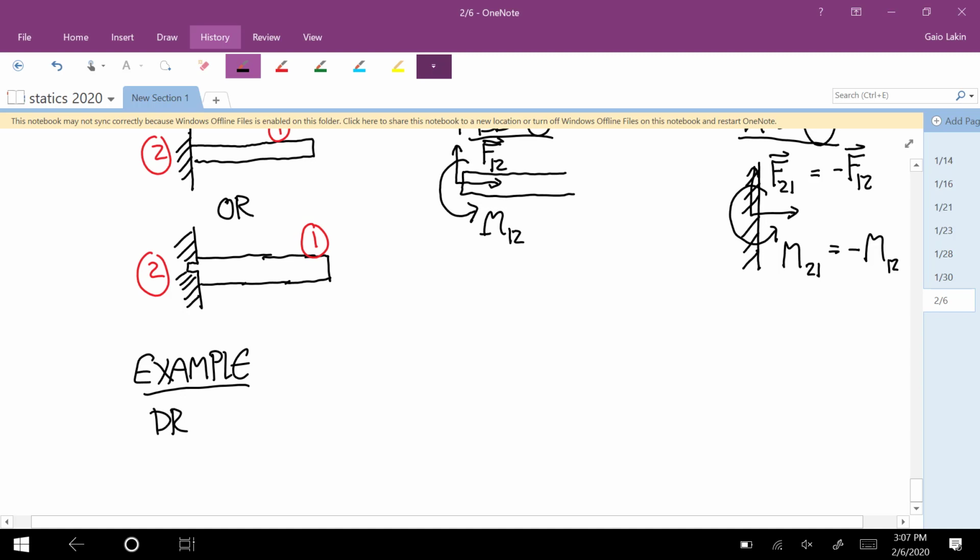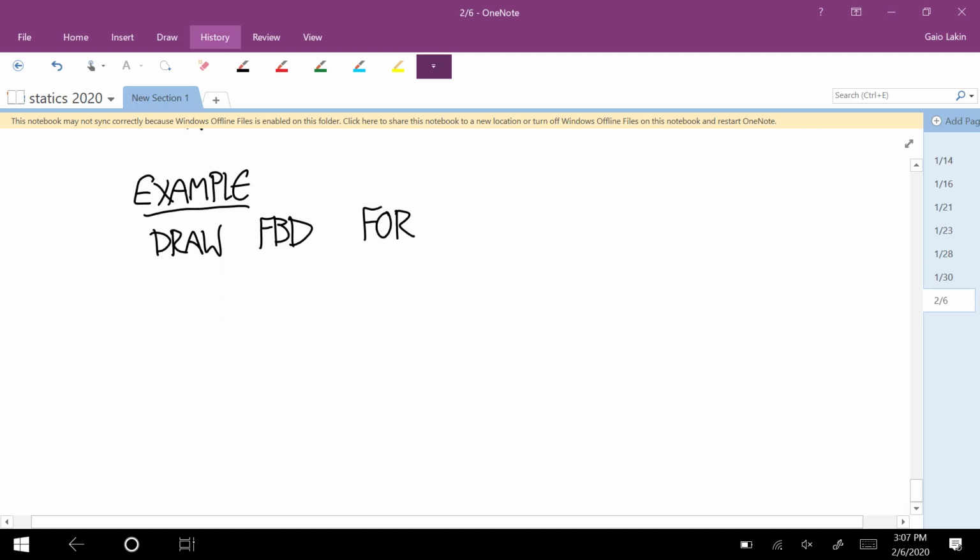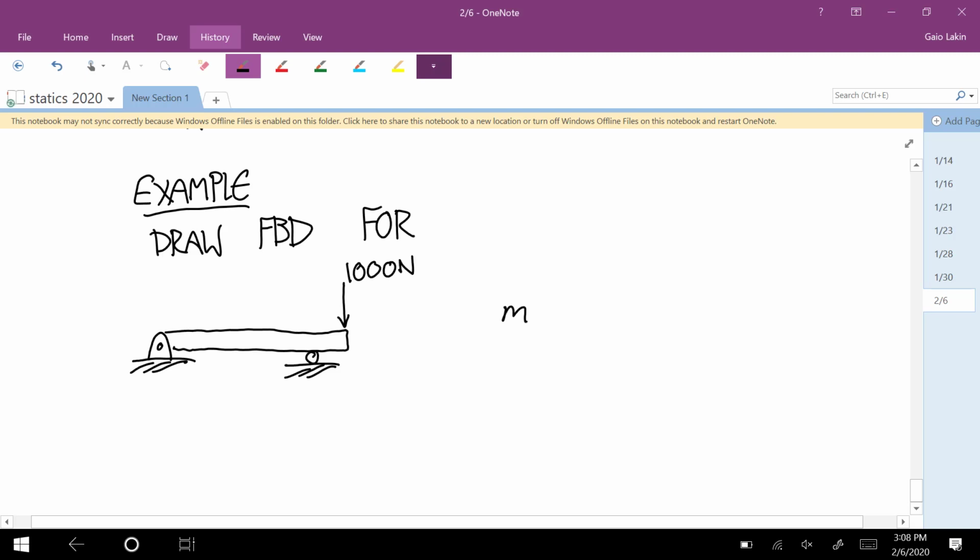So let's draw a free body diagram. Let's say that there's a pin joint over here and a roller here and a force applied there of 1,000 newtons. And let's say that the mass of this beam is 50 kilograms.